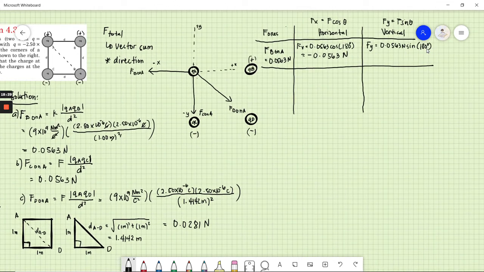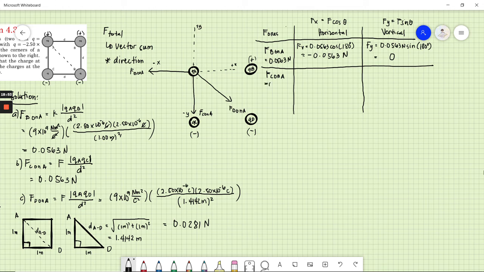Sine 180 degrees is 0 multiplied by 0.0563 newtons. That will tell you that Fy is 0 newtons. And that makes sense because we don't have a direction for our FB on A in the y direction. It's all in the x-axis. So that's 0.